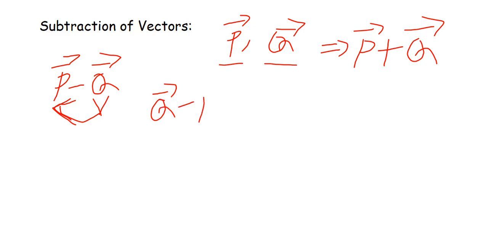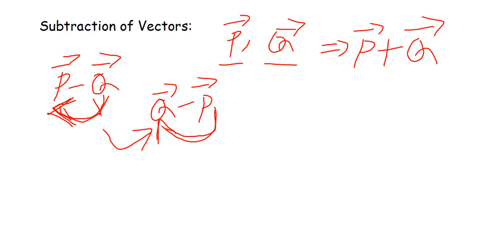The vector p bar is subtracted from q bar. Are these two the same or different? These two are different. Here q bar is subtracted from p bar, and here p bar is subtracted from q bar.